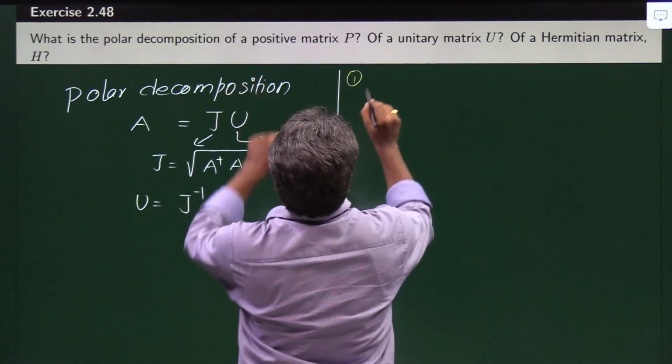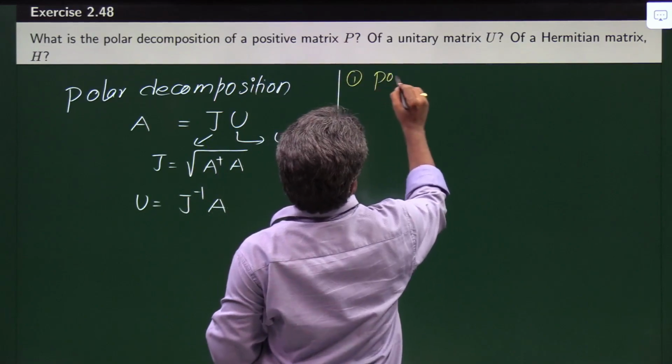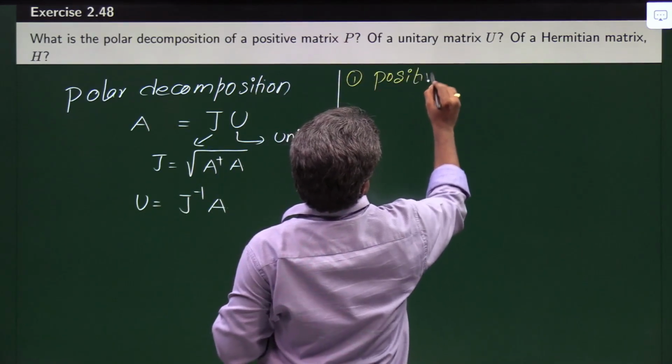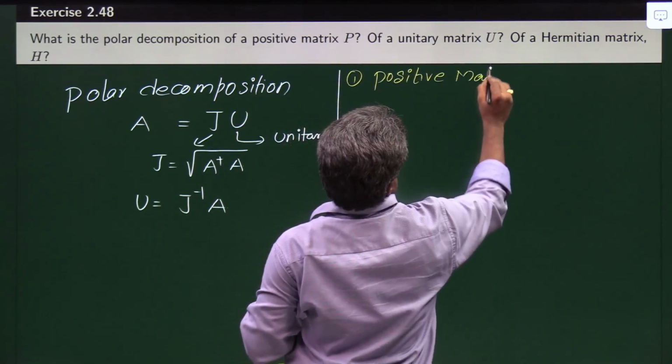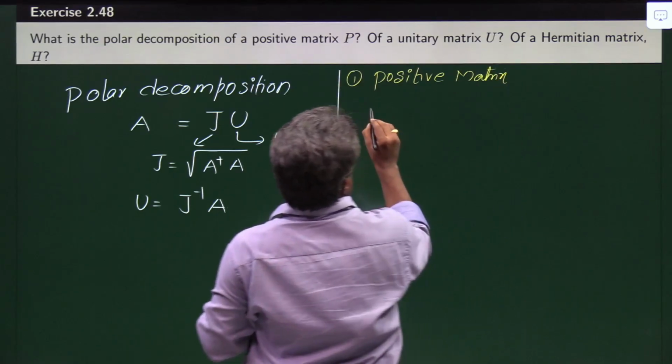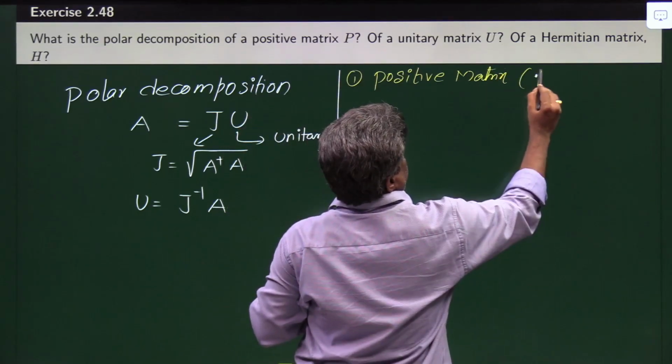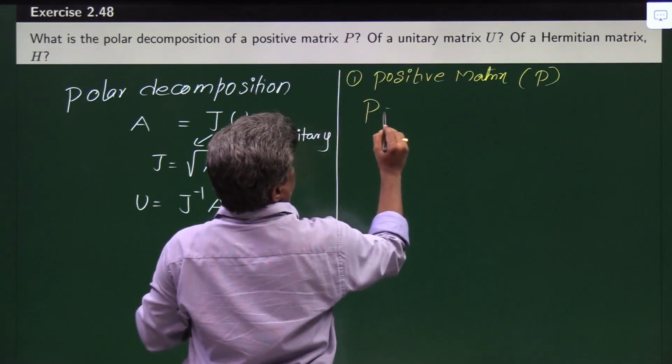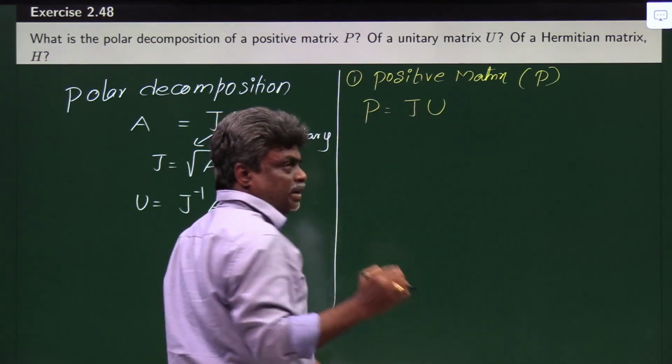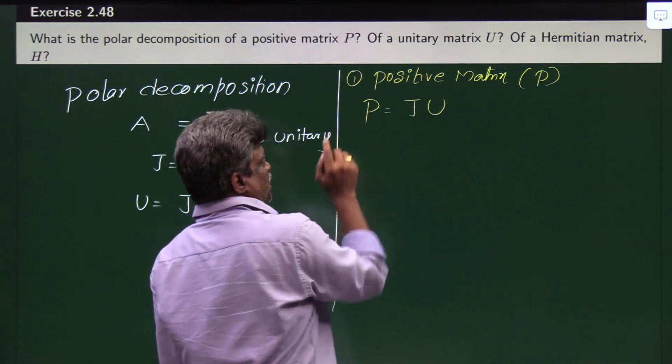The first one is a positive matrix. I am taking this positive matrix as P. So P equal to J into U, where U is unitary, and we have to find that.